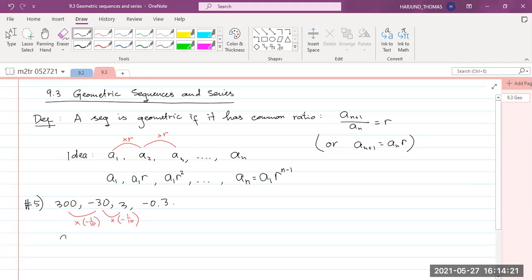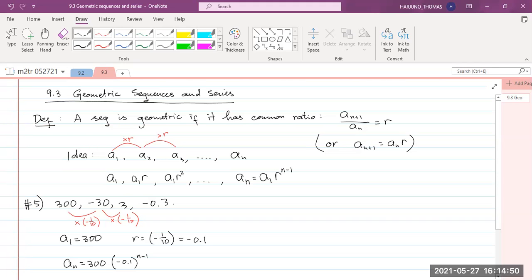So the first term is 300. The common ratio is negative 1 over 10, which is negative 0.1. So the nth term is 300 times negative 0.1 to the power of n minus 1.